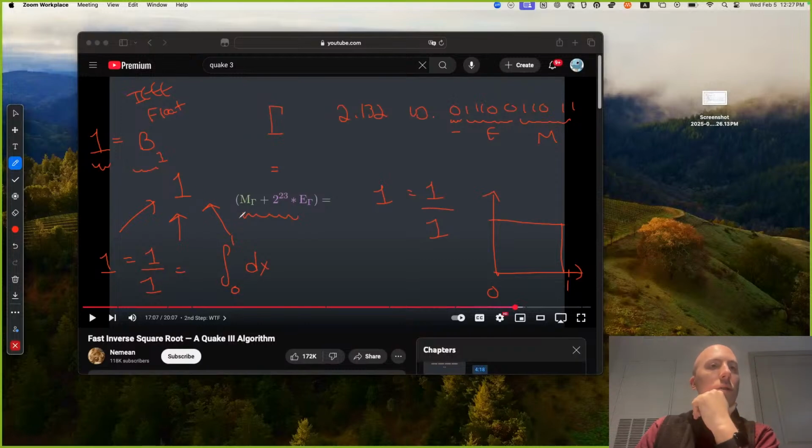It's one whole thing. This expression evaluates to 1. This thing evaluates to 1. And the bits of 1 also evaluate to 1, I guess I would say.